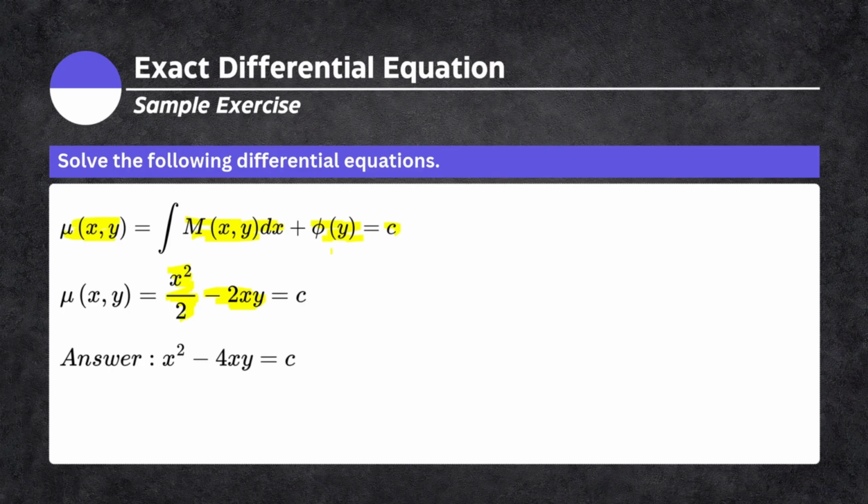Our final answer here is x squared minus 4xy equals c. What happened here is we just removed the 2 in the denominator by multiplying the equation by 2. This is the final answer.